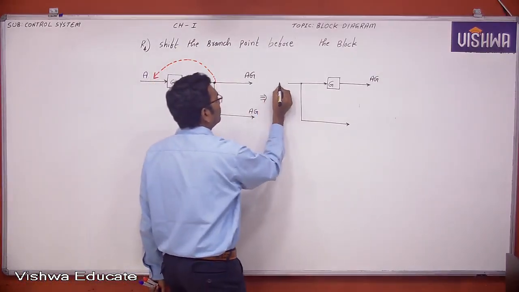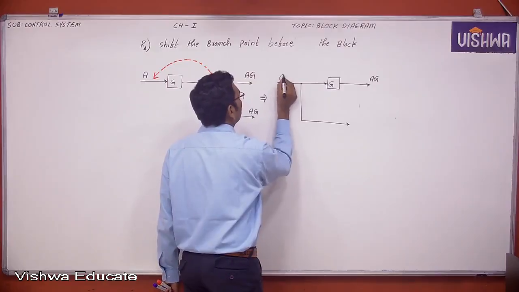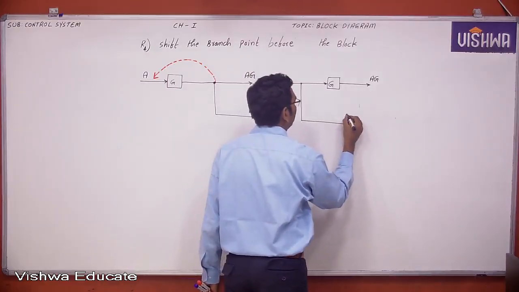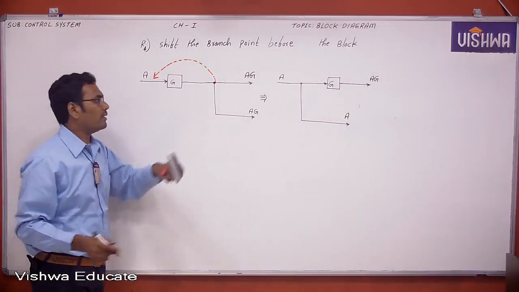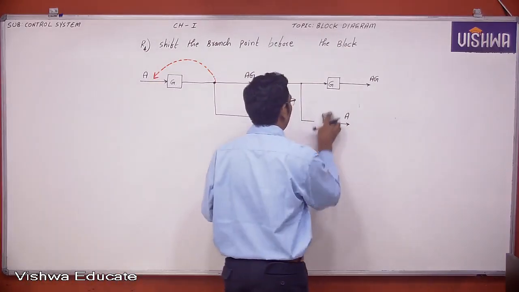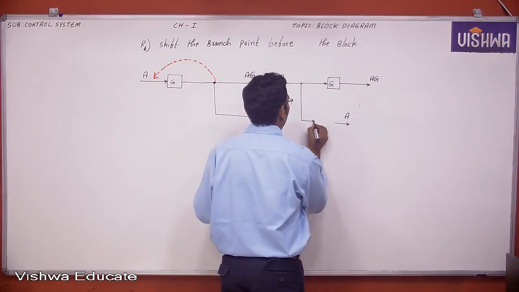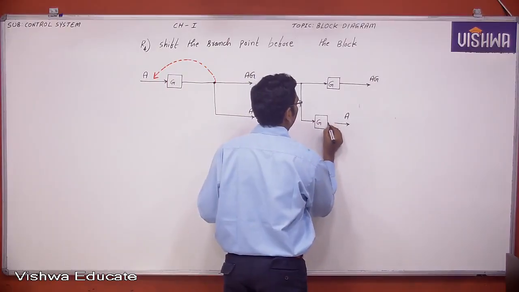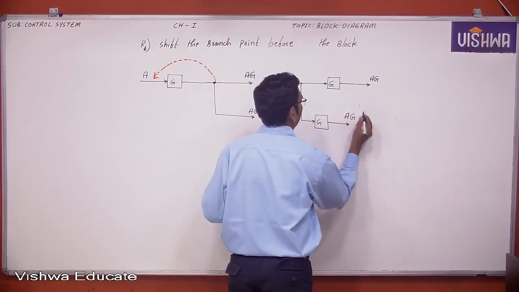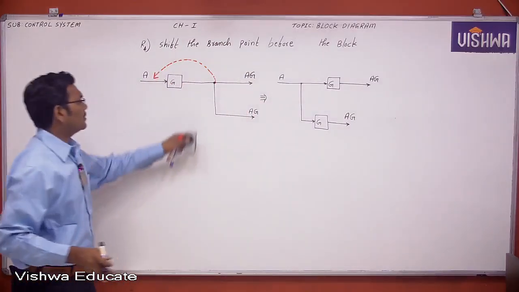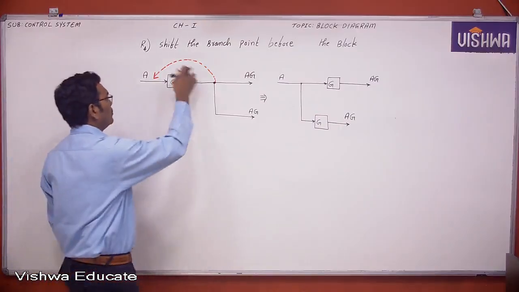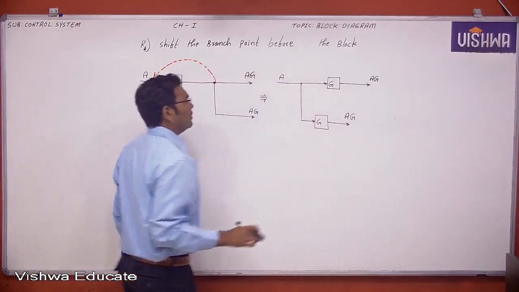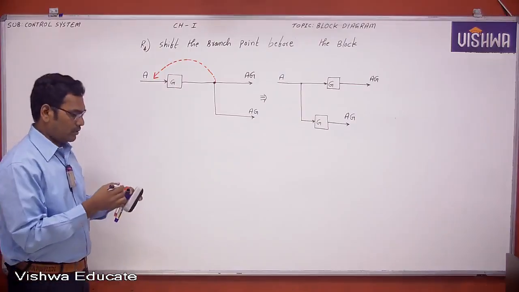So this is A, this is A. But your original path has a value of AG. Therefore, this path will introduce a block of gain G. So this is AG. If you shift this branch point before the block, these are the changes taking place.